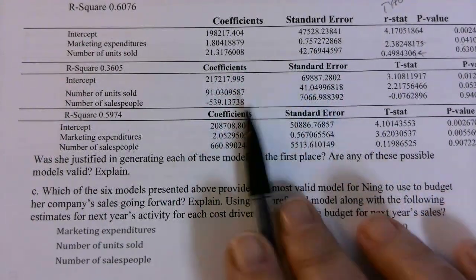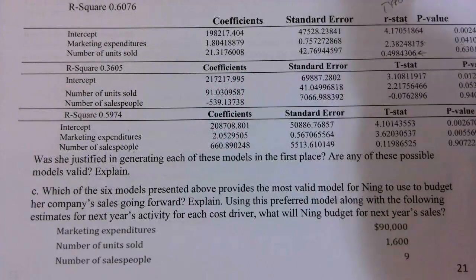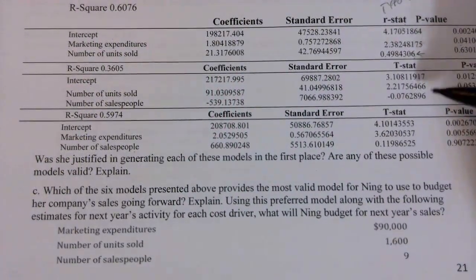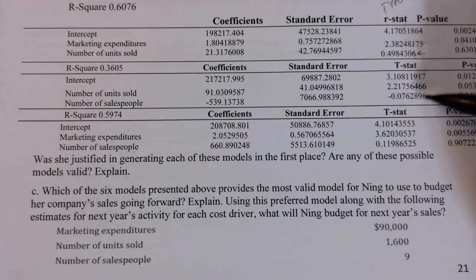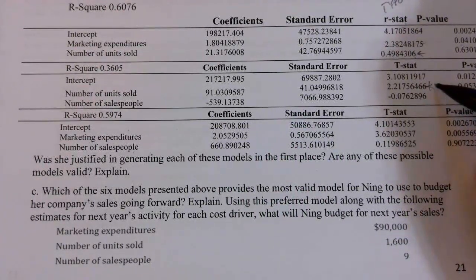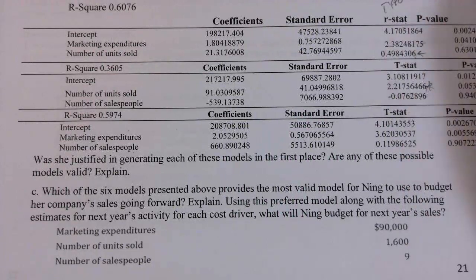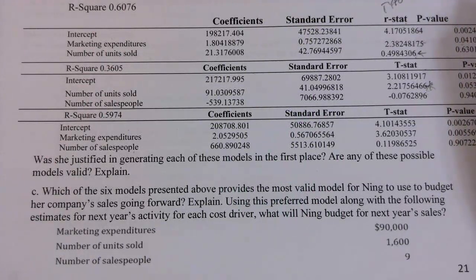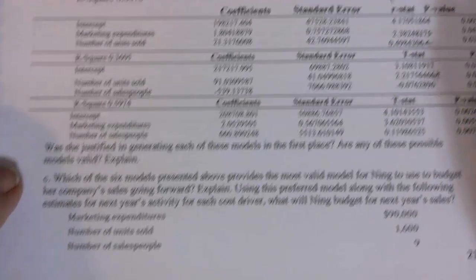The data would have been fun to see here. The t-statistic is negative here, and this is 2.21, so this is the only one that would be good. It's greater than 1.96, and the p-value is 0.05. For salespeople, the p-value is ridiculous. It's almost 1, which would mean anything it would predict would be wrong.